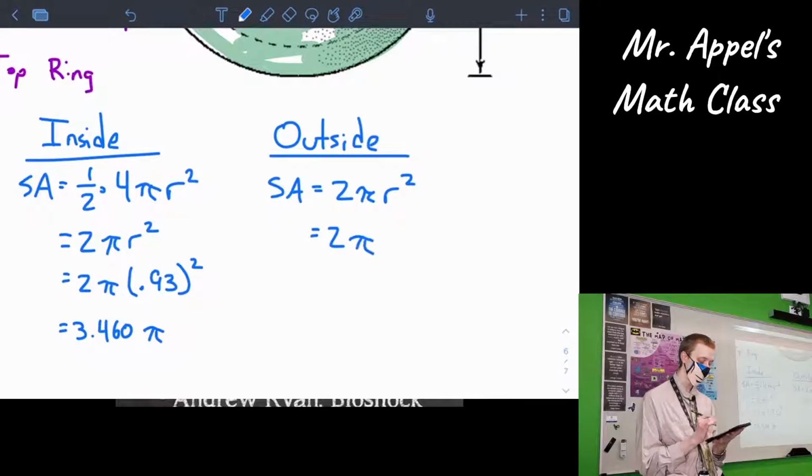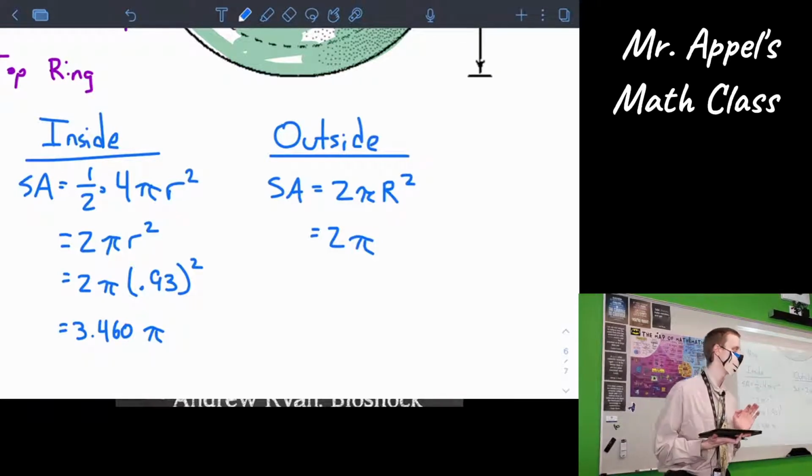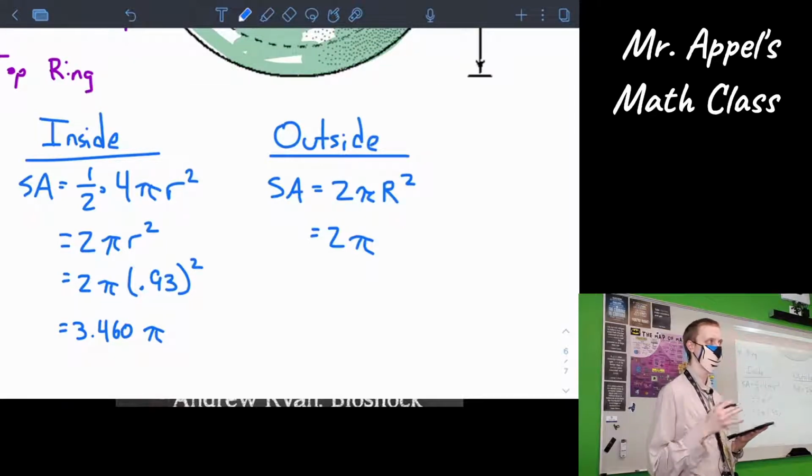So in this case, our r is, hang on, I'm going to use a different r. Let's use a capital R. That way we've got little r for the little circle and big R for the big circle, right? And then I'm not mixing things up. Makes it easier to follow along.